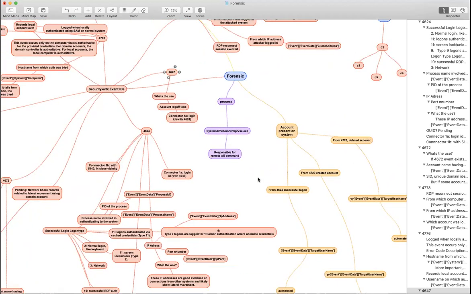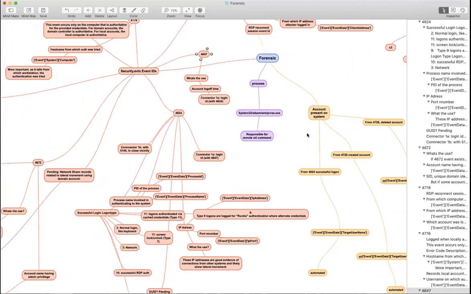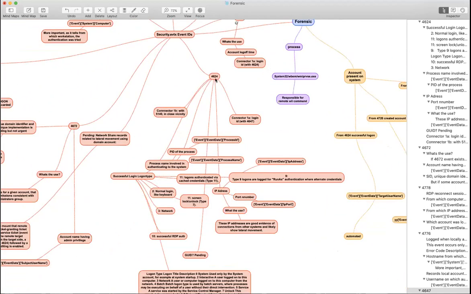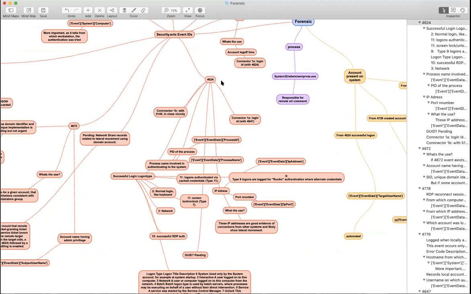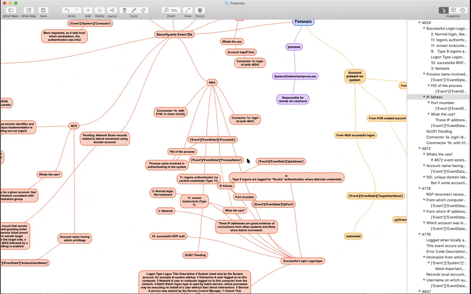So this is what you have to do first: get the accounts, and then see who all logged into the system. The 4624 will tell you who all logged into the system, meaning successful logins.